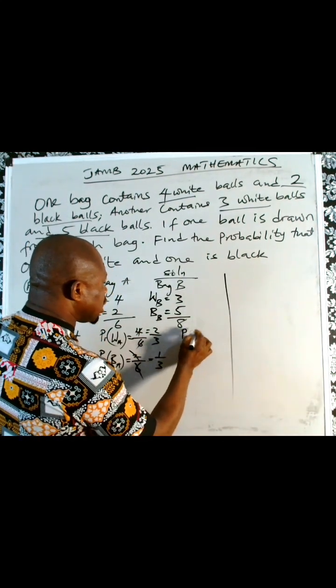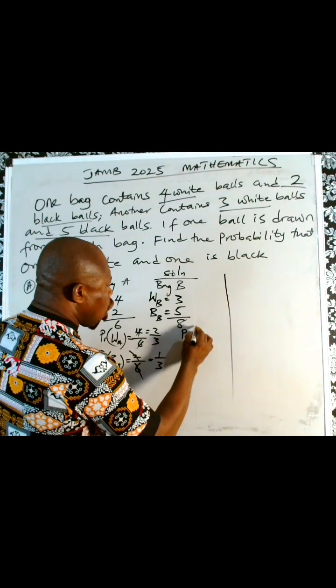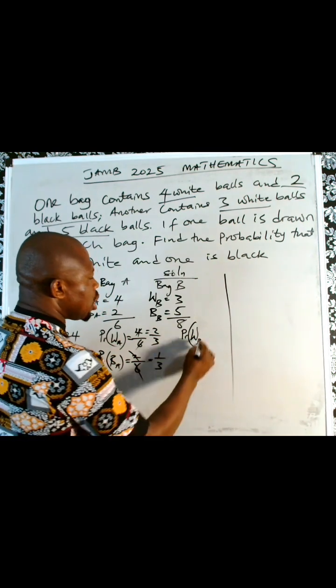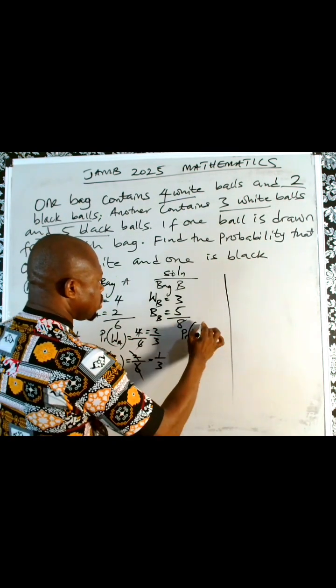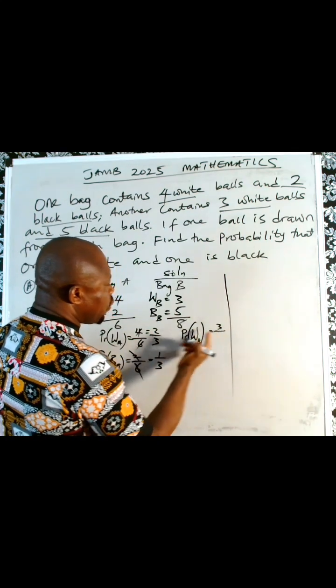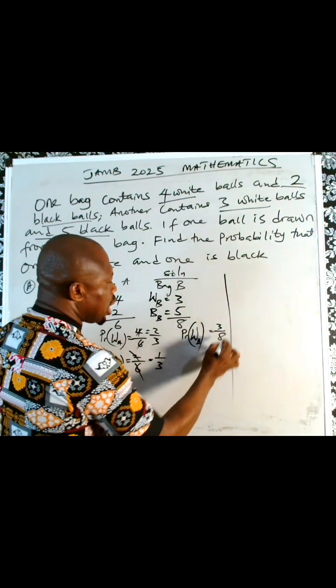Now this is the second bag. The probability of whites in bag B will give us white is 3, which will give us 3 all over the possible outcome, which is 8.